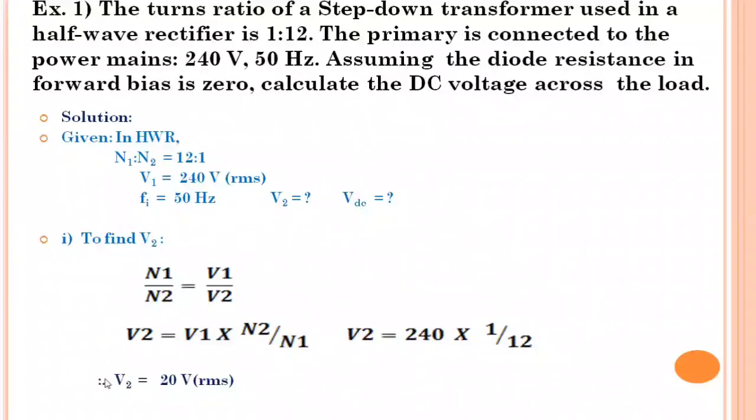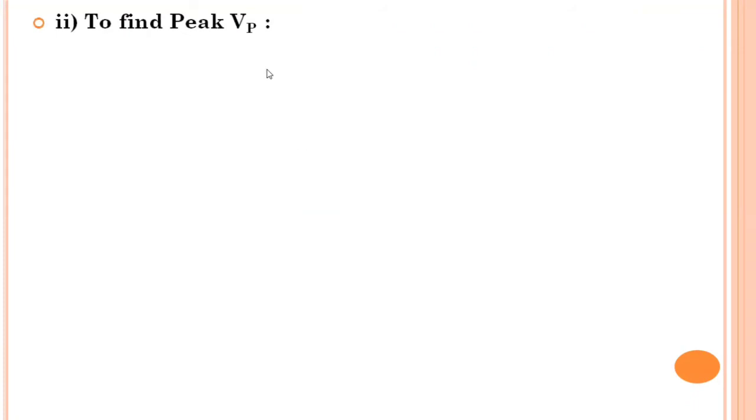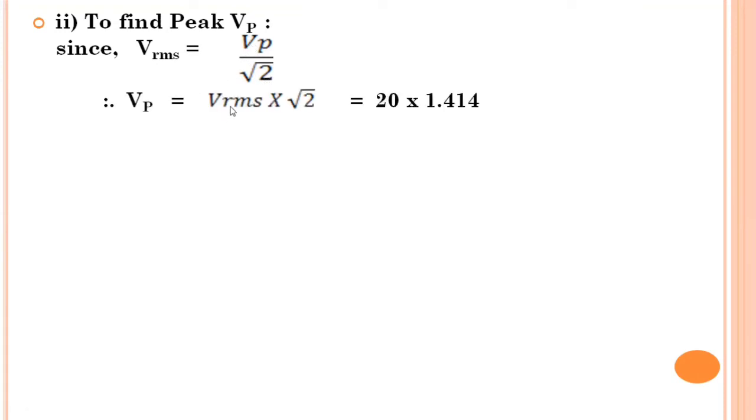Now, by this V2, we can find the peak voltage across the secondary, because in the formula of VDC, it is V peak upon pi. So one should know the peak voltage. We know that the RMS value of voltage is expressed in terms of peak value upon root 2. Therefore, the peak voltage equals the RMS value of voltage into root 2.